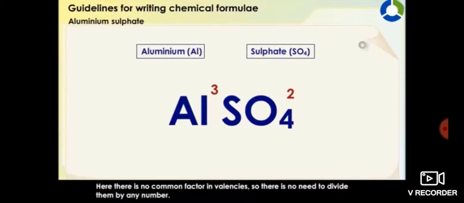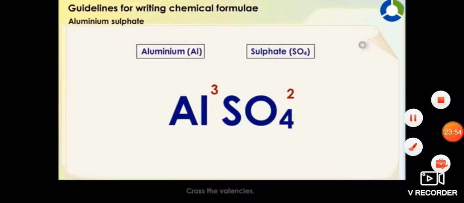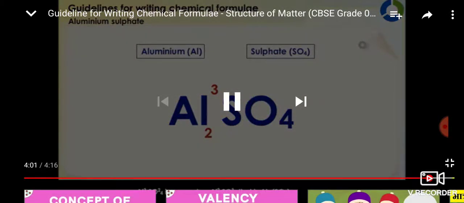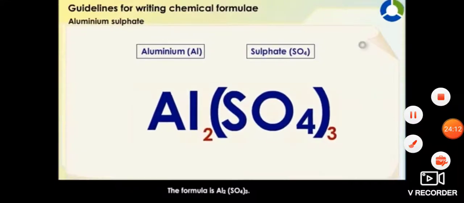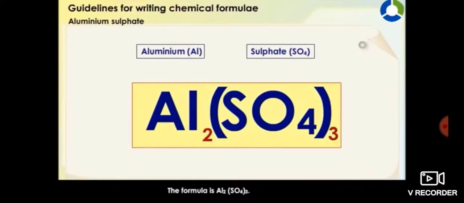Here, there is no common factor in valencies, so there is no need to divide them by any number. Cross the valencies. Al valency 3, SO4 valency 2 is crossed as Al valency 2, SO4 valency 3, that is Al2 (SO4)3. The formula is Al2 (SO4)3.